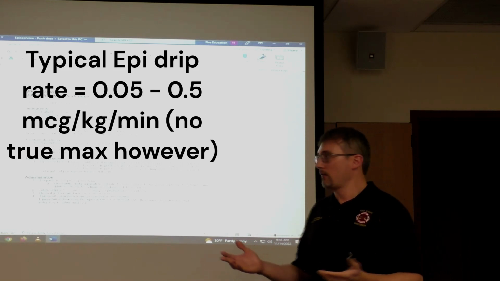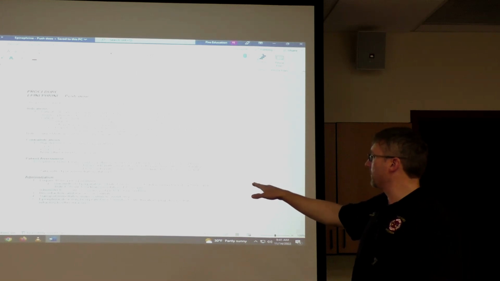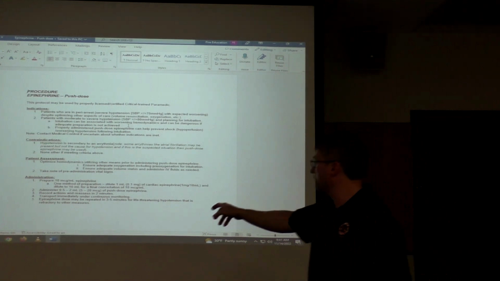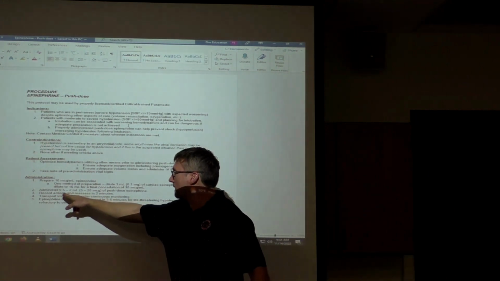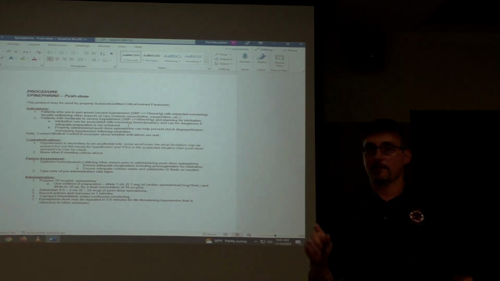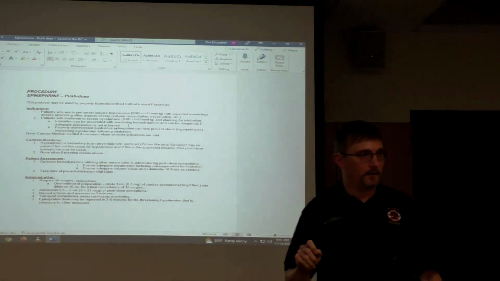So when we look at our protocol up here, which calls for anywhere from 5 to 20 micrograms per dose, which is 0.5 mLs to 2 mLs of that solution that we have made, that's a pretty low dose, right?